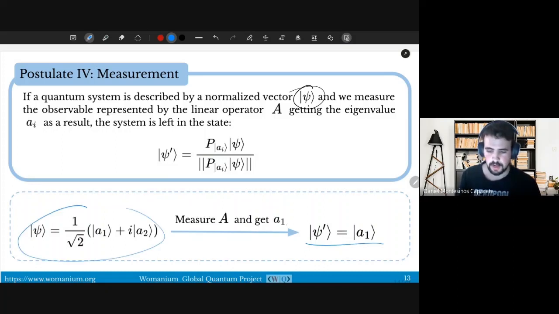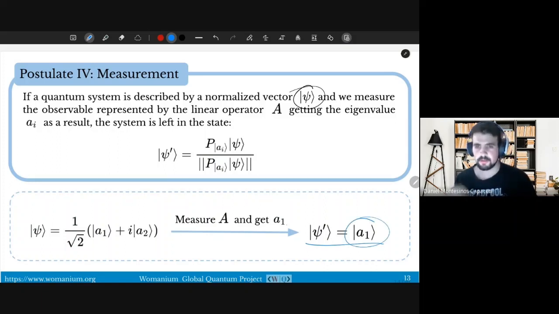Because you have this linear combination, you measure this eigenvalue, so at the end you will have the corresponding state. Since it must be normalized, at the end you have here one, right? Because the norm of this vector is properly normalized, it's going to be one.